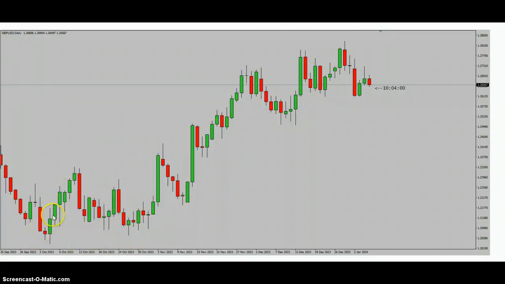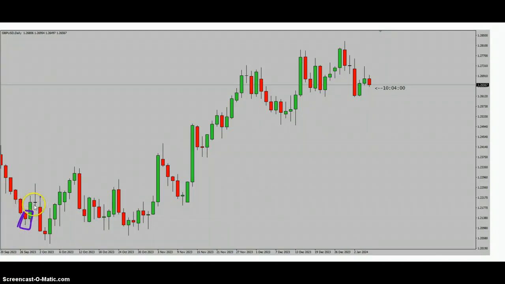So micro trend change. Now we understand what a micro trend is. Over here, we have to look at the last bearish candle whose high was taken.